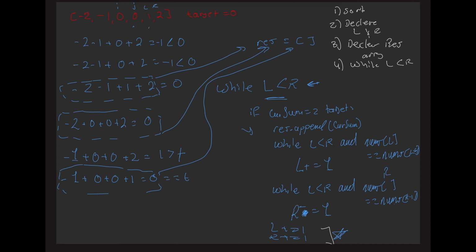Oops, sorry, I forgot two steps technically. So once we declare the result array, then we create two for loops.